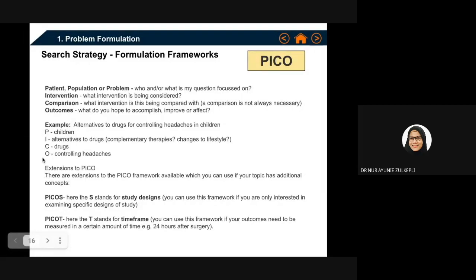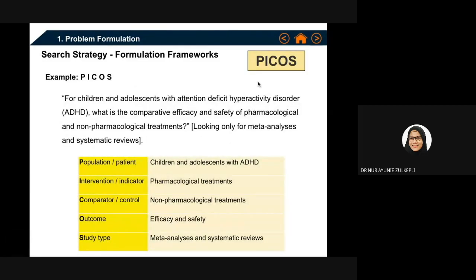Okay, there's also an extension of PICO. We call it PICOS or PICOT. In PICOS, S stands for study design and T for time frame. So I give an example for PICOS here. This is basically the problem statement: for children and adolescents with ADHD, what is the comparative efficacy and safety of pharmacological and non-pharmacological treatments? So looking for meta-analyses and systematic reviews, this is the study type.